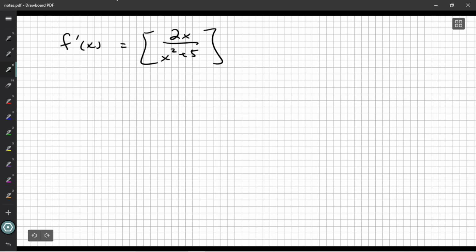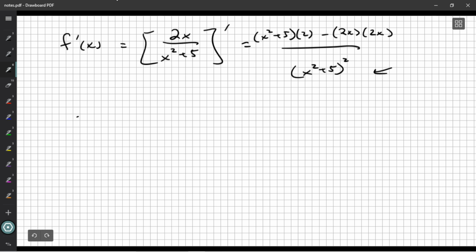Okay, let's differentiate this. Now you don't have to if you've got another argument that will work, but we can just use the quotient rule here. What do we have? 2x, and then the derivative of x squared plus 5 is another 2x.